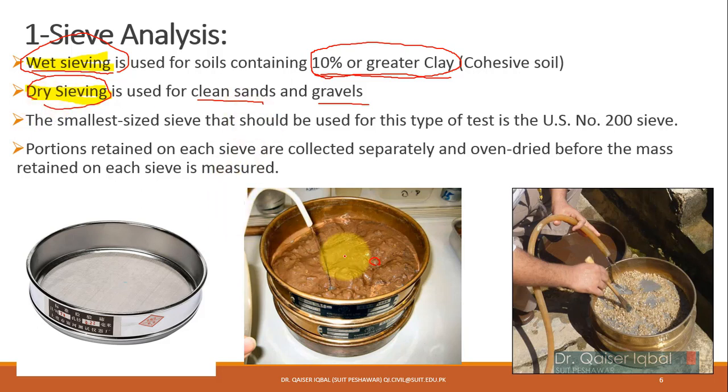For that we need to wash them away. So we will discuss wet sieving and dry sieving in detail, and we'll perform them in the laboratory, so you'll understand them further.